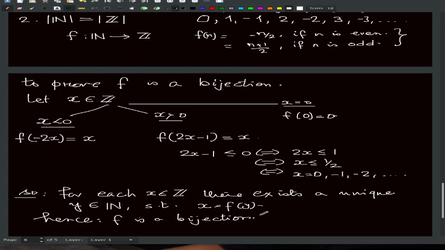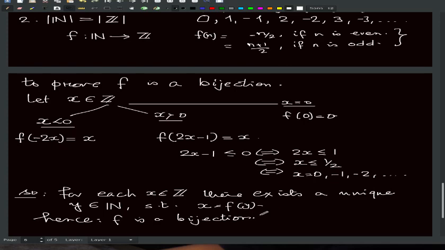Yes, agreed. Okay. There are other functions that give the same sequence. There can be several such sequences.